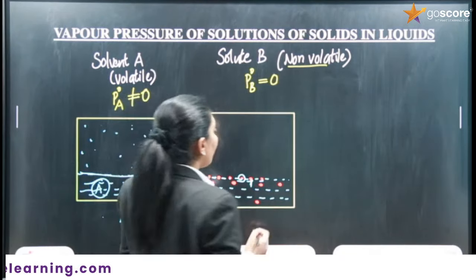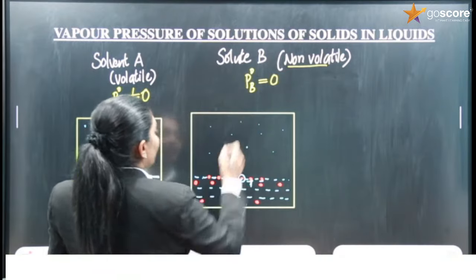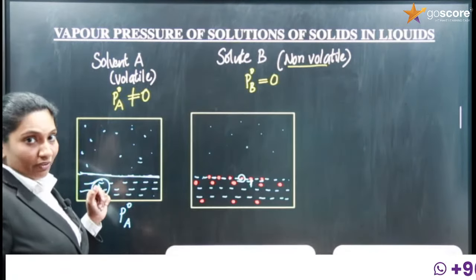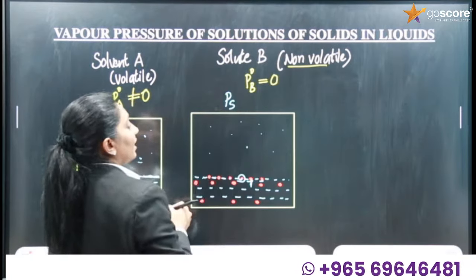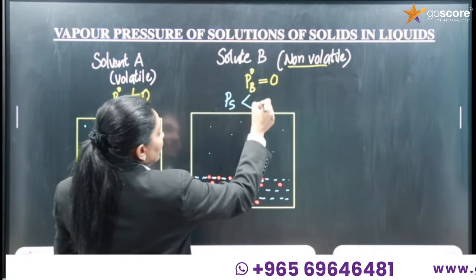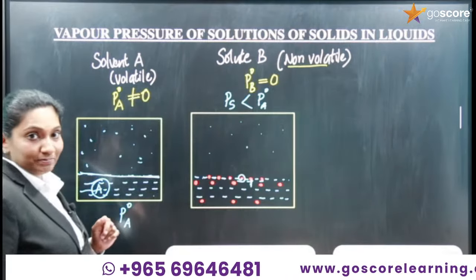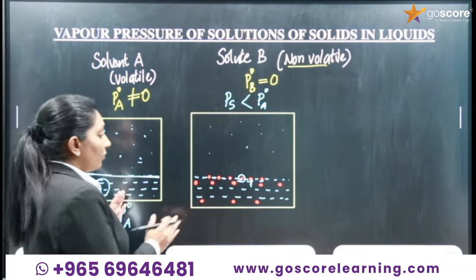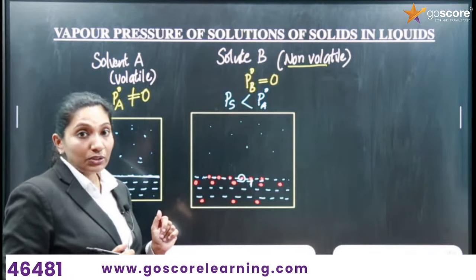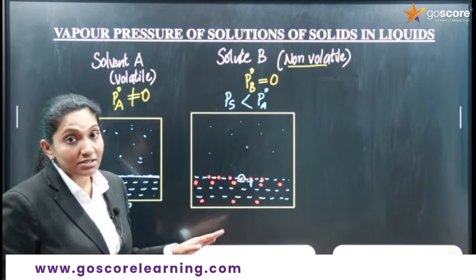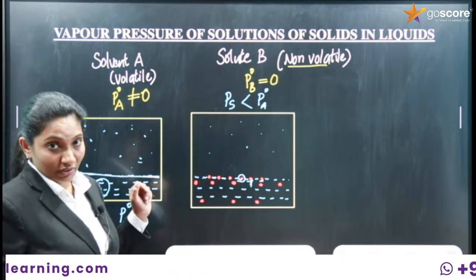So the formed vapors will be lesser than that of the pure solvent. So the vapor pressure exerted by the solution will always be lesser than that of the pure component, right? You understood why the partial pressure exerted by the solution containing a non-volatile solute is lesser than that of a pure solvent.